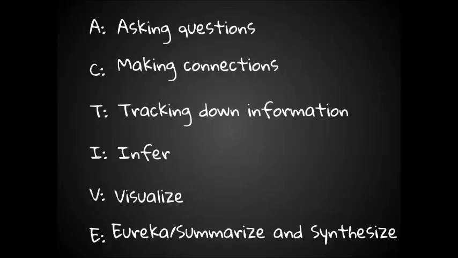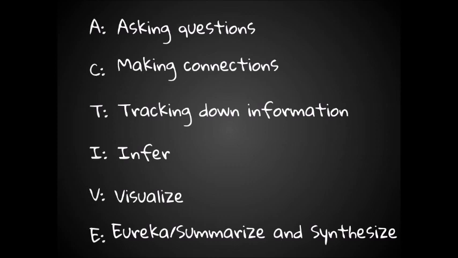When readers connect their background knowledge or their schema to the text, they can draw conclusions about what they've read. You might say things like, I believe this because in the text it says, or I found on page, so I think, or the author said, so maybe.